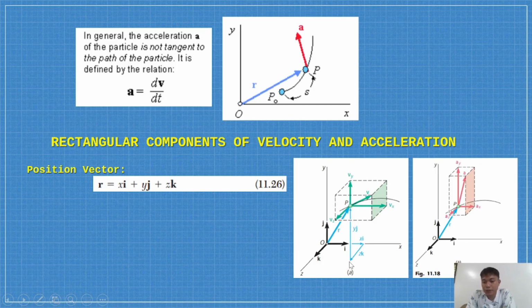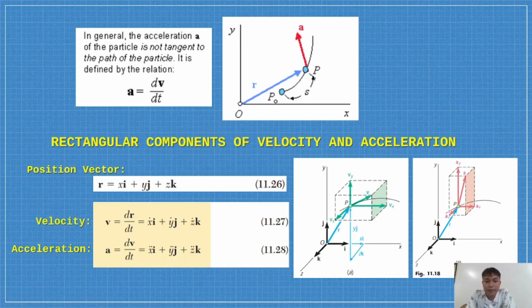For the velocity vector, which is equal to dr over dt, we have x dot i, y dot j, and z dot k, which is equation 11.27. And the acceleration will have double dots, since that is the double derivative.